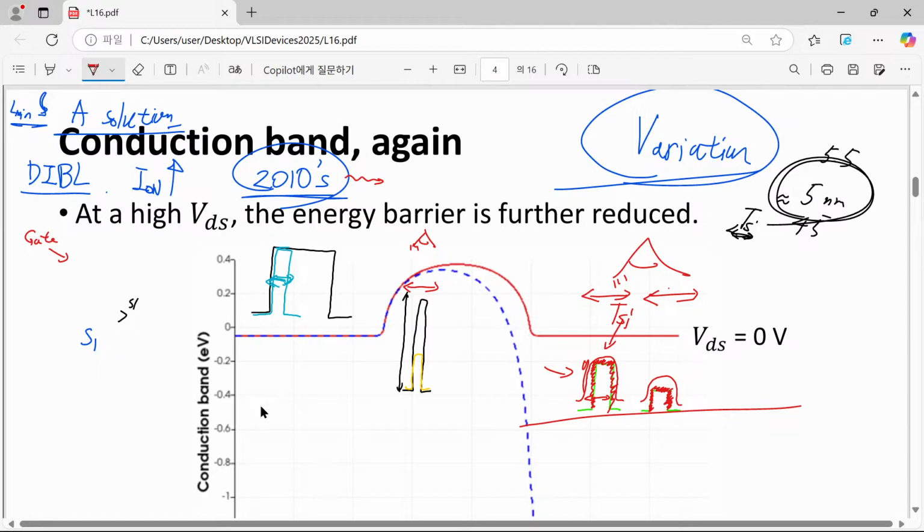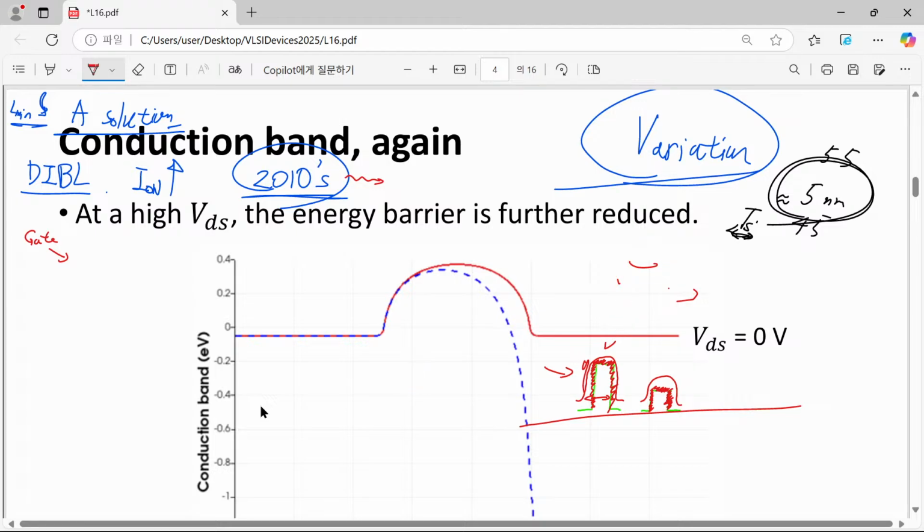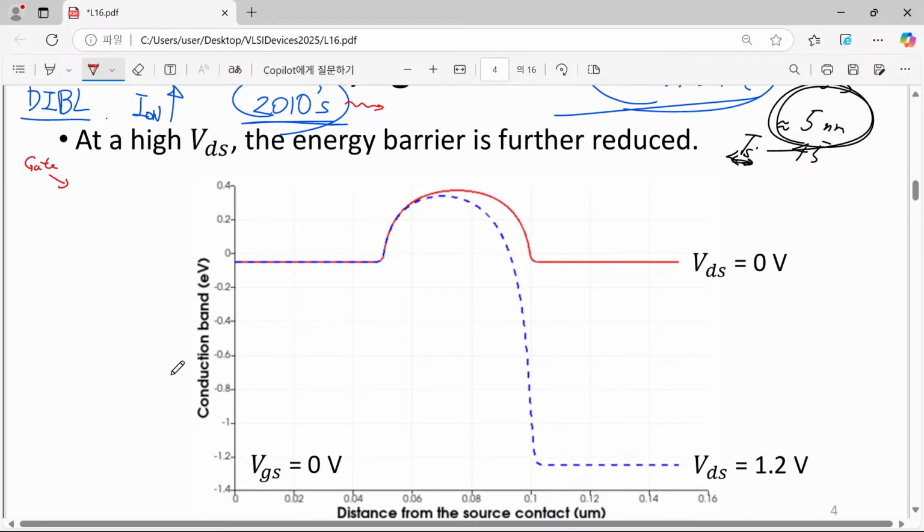So anyway, that was just the scaling tendency. And up to now, in the previous slide, we have observed the threshold voltage even further reduced when we increase the drain current. Why does that happen? So please have a look at this one.